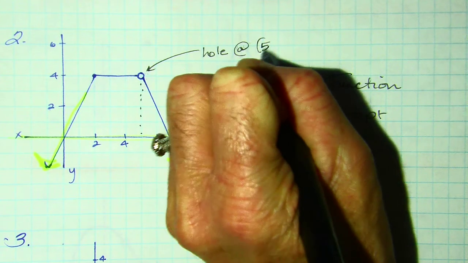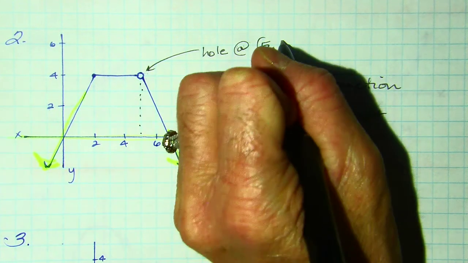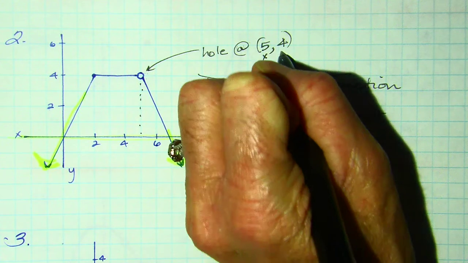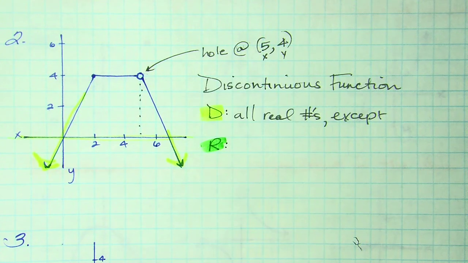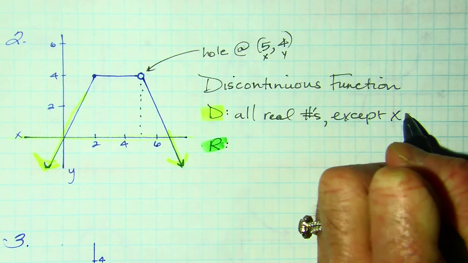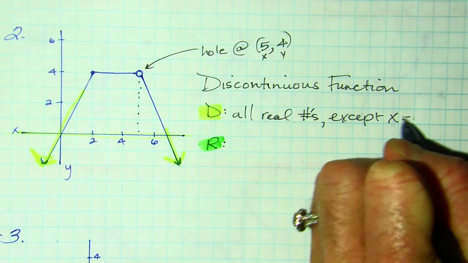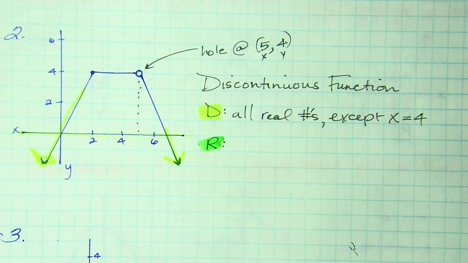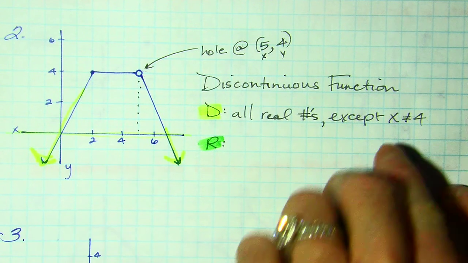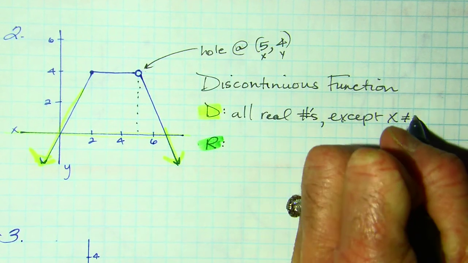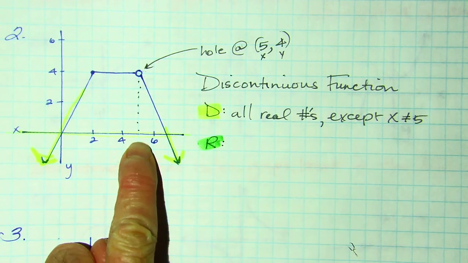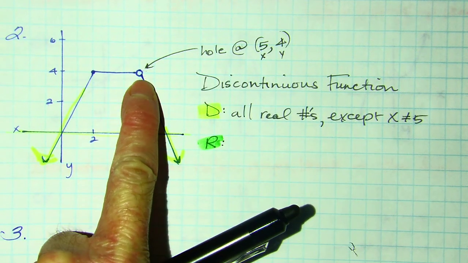So if you're using my notes, there is a hole at 5, comma, the y value is 4. Here's your x value, here's your y value. So because there is a hole, x cannot equal, well, I should say all real numbers except x equals 5. Another way to write it is x cannot equal 5 because 5 is where there is a hole for x. My bad.